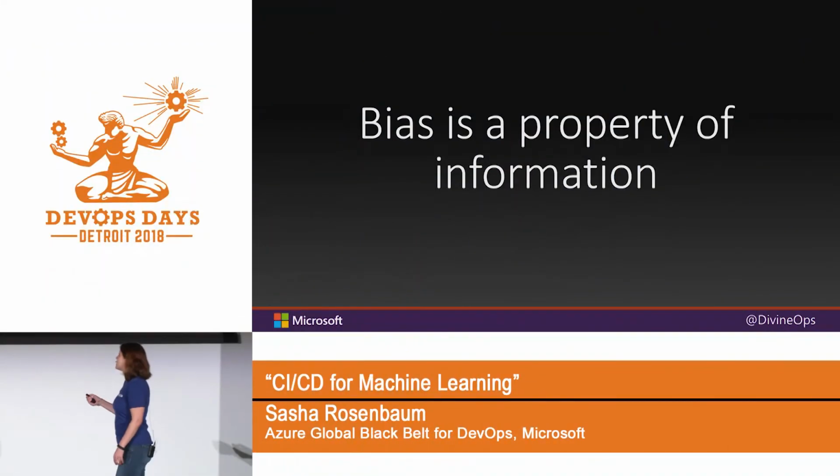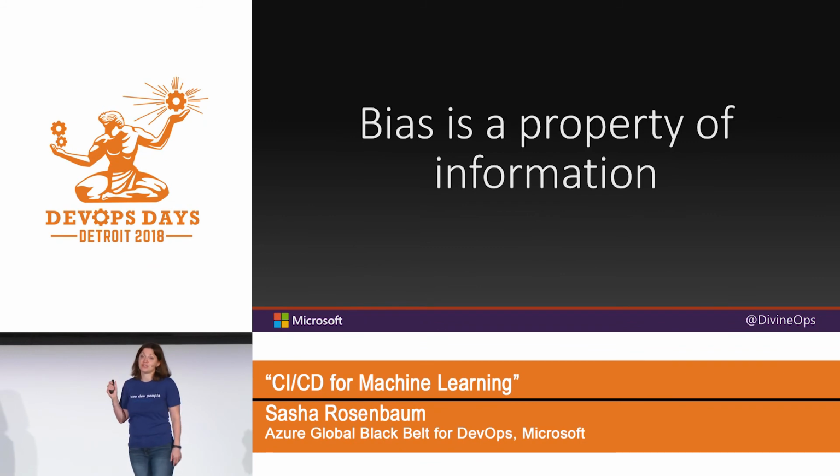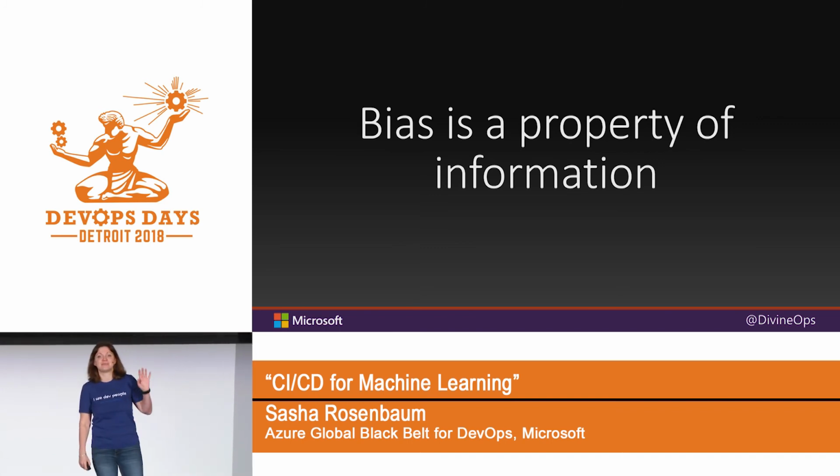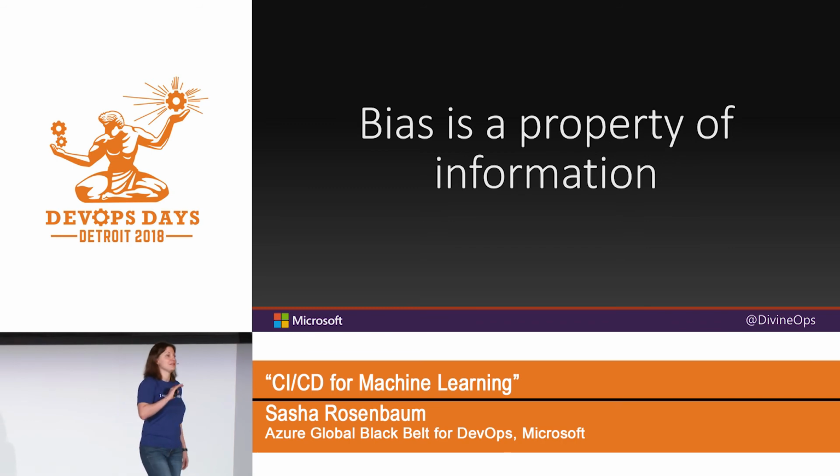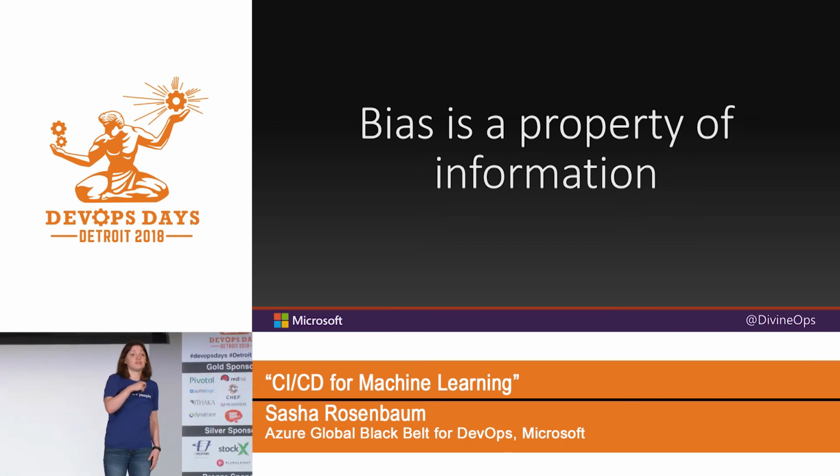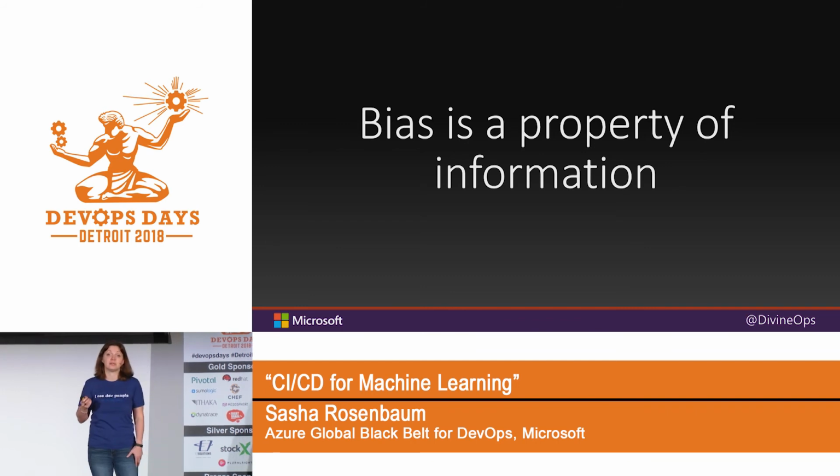Now, one of the biggest realizations that I had this year was that bias is a property of information. We used to think about it as a property of humans: humans discriminate against minorities, and humans apply stereotypes. But really, bias is a property of information because there's too much of it, right?